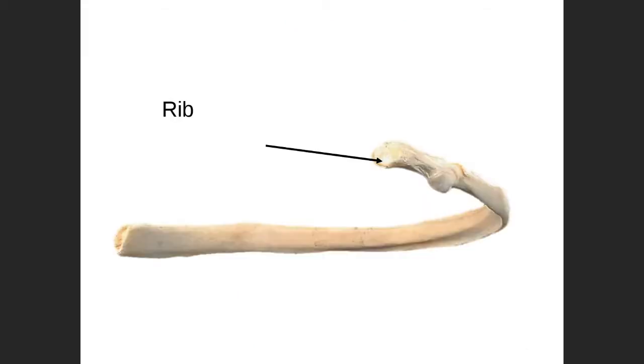Right, last part, ribs. Here we go. So first off, obviously this whole bone's a rib. The ribs attach to two areas, unless they're ribs 11 and 12. They'll attach onto the vertebra, and then they'll attach onto the sternum via the cartilage.